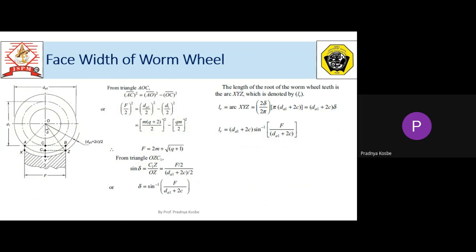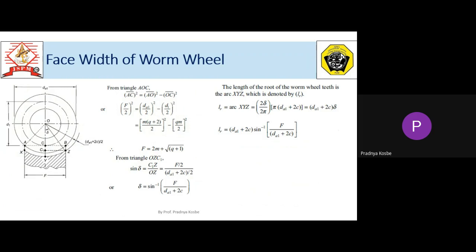Now we want to find out the length of the root of the worm wheel teeth.